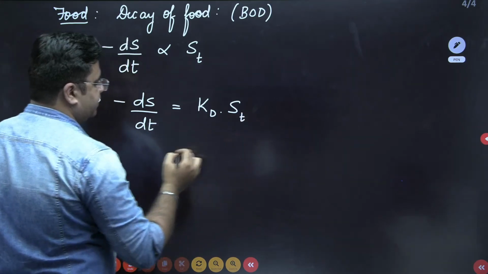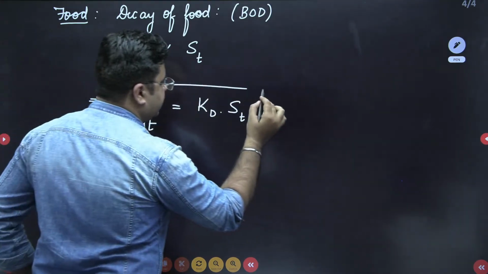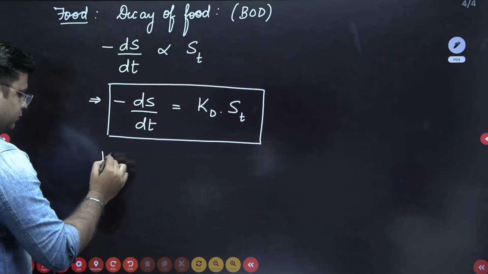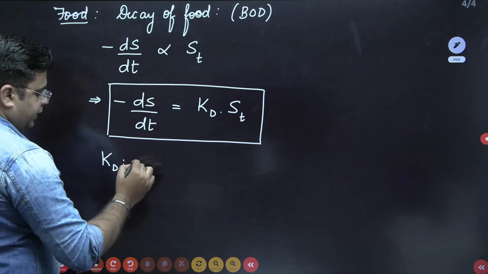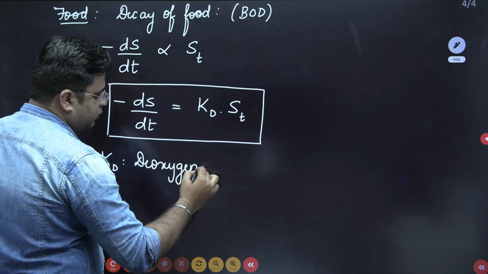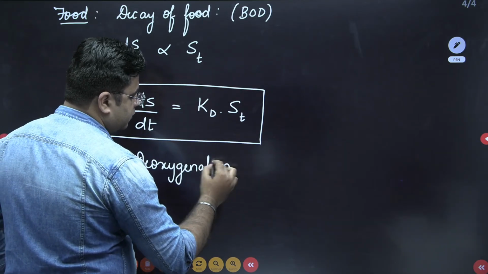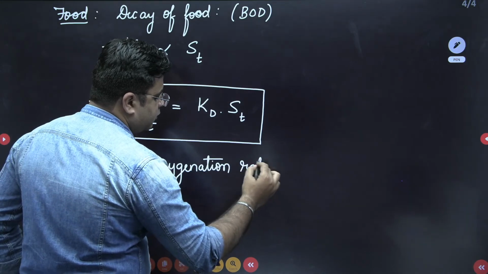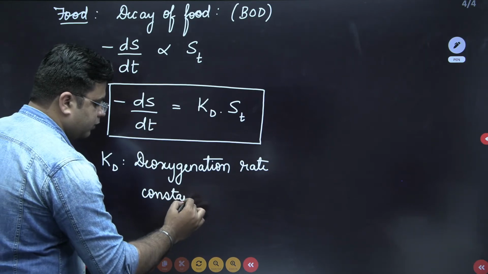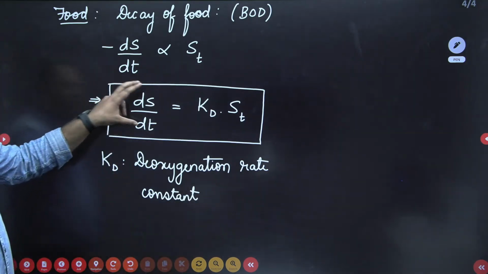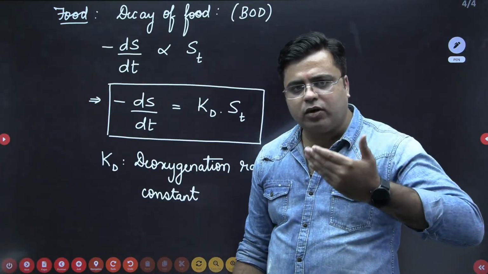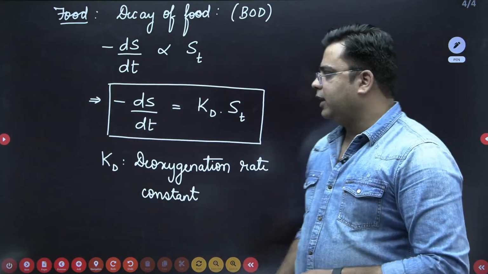You say St. So this is the decay of food in the system, where Kd is termed as the deoxygenation rate constant. We have already seen this analysis while discussing BOD. Over a period of time, the organic matter will decay, and this is how it decays.